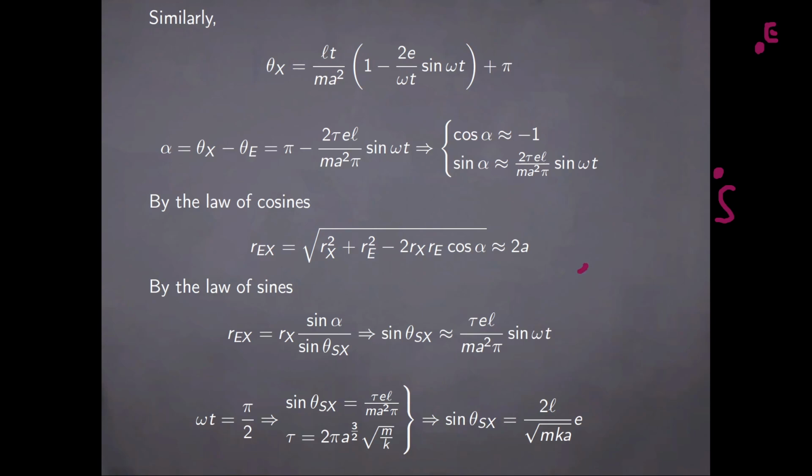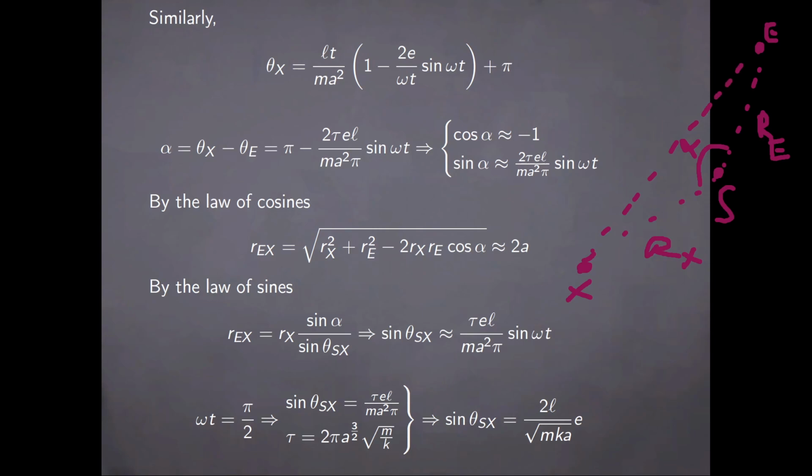Let's say it ended up somewhere around here, and so this would be R_E, I'll write it like this so it's a bit easier, and this would be R_X. And in this case, the angle alpha would be the one here.